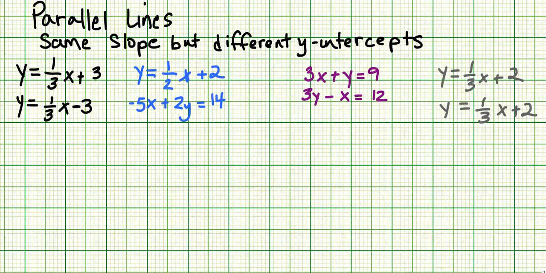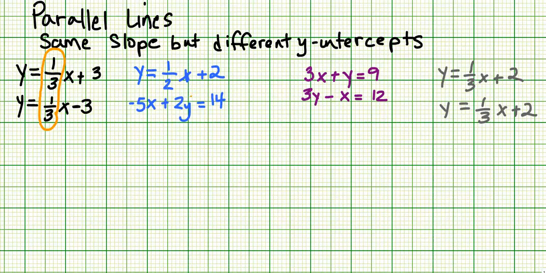So let's start by looking at the equations for the black lines. If I'm looking at these two equations and I want to compare their slopes, hey, look at that. Those two equations have exactly the same slope. A lot of times students will say, oh yep, same slope, these two must be parallel.